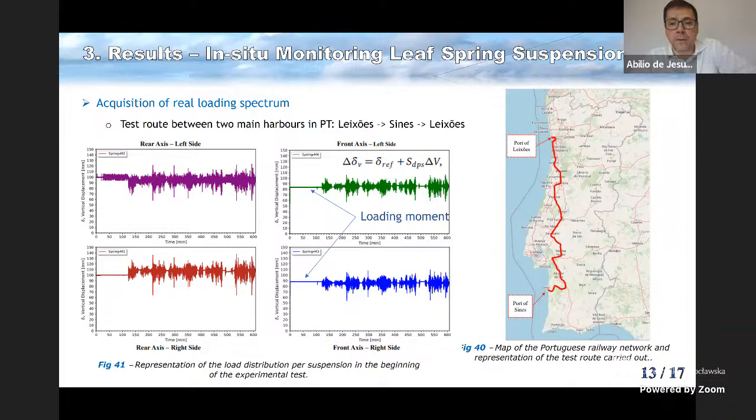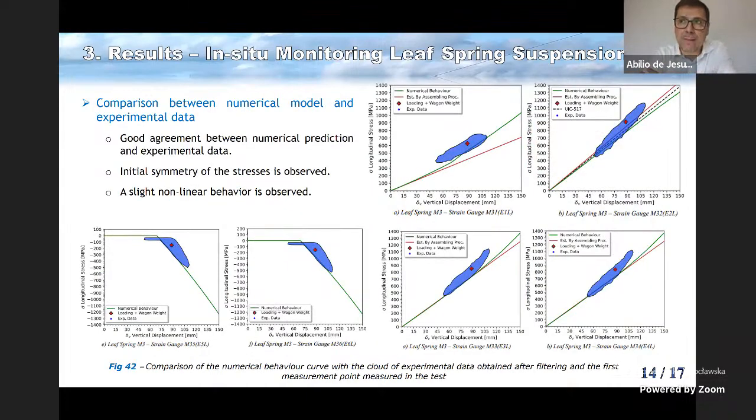With that information, we got the spectra of the displacements. From the displacements, we were able to get the stresses using our digital twin model, and also validate with strain gauge measurements. So we were able to capture satisfactorily the stress spectrum in the springs.